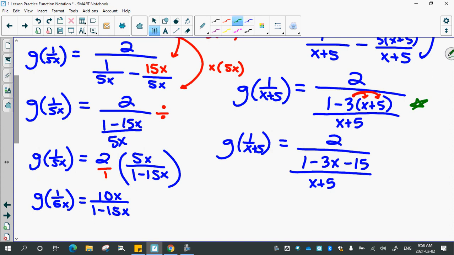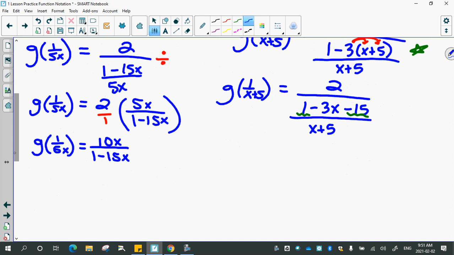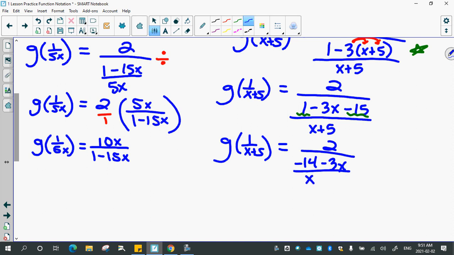Then after you've done that step, you'll find like terms on the second level that you can combine. So that's going to give me 2 over negative 14 minus 3x, or you can have negative 3x minus 14, doesn't matter, over x plus 5.